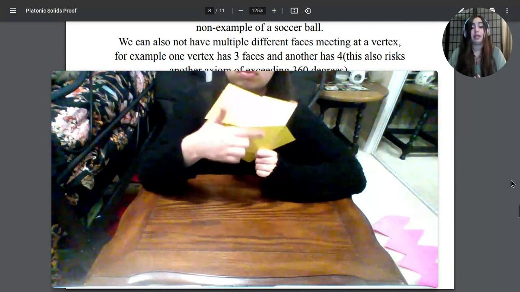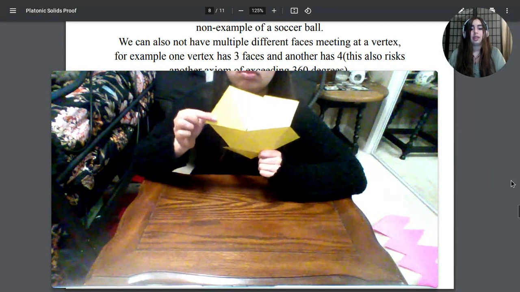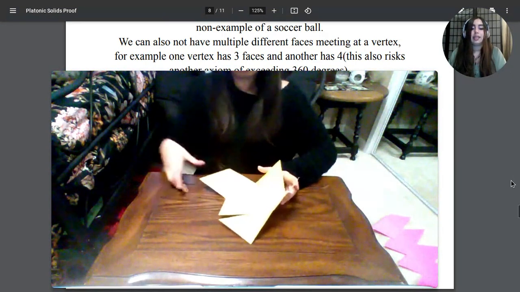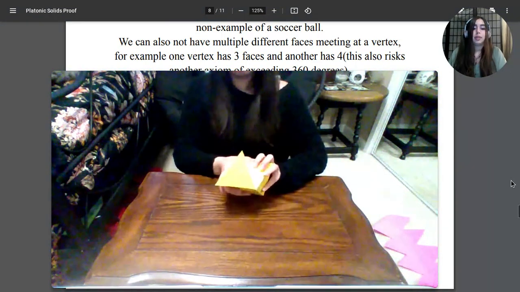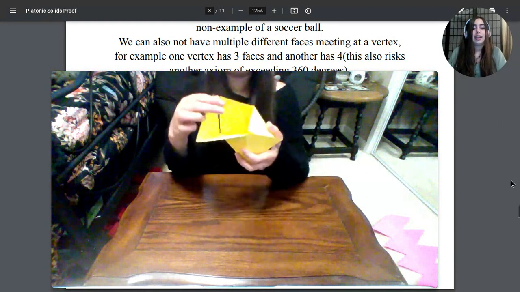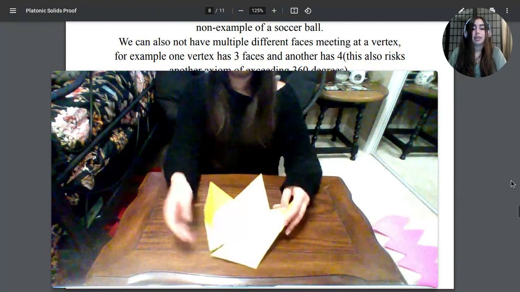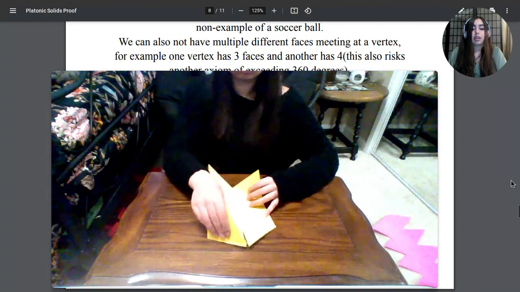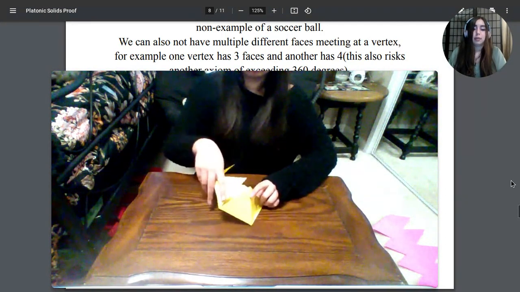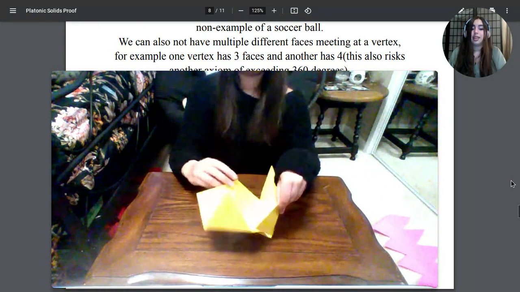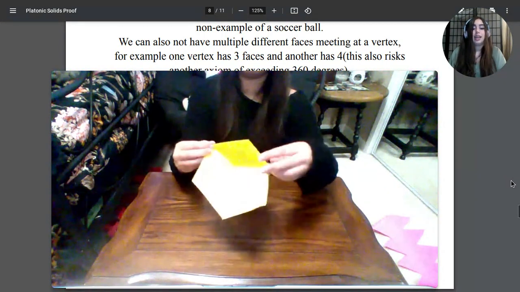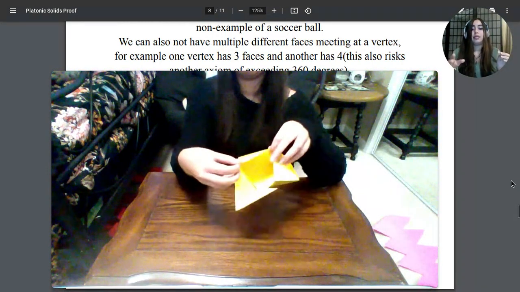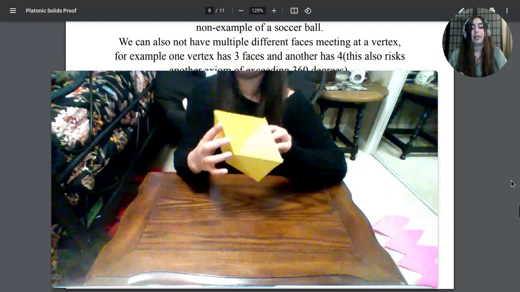And now we have an even bigger one with more triangles. And you'll start to notice around this point that this shape kind of looks familiar, and it actually looks a lot like, as we keep folding it because we can see that that didn't work, our last polyhedron that's made up of triangles, which is the icosahedron, because you can see as I'm forming it, it has a 5-sided edge where 5 faces meet at a point right about there.